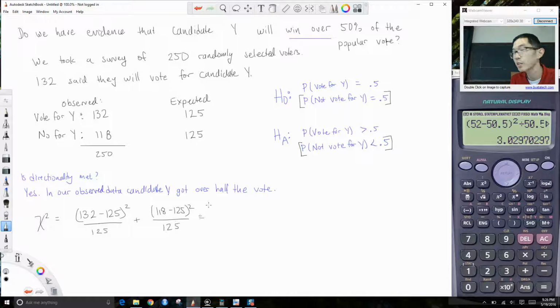An interesting thing is that when you have only 1 degree of freedom or only 2 categories, the numerators will always match because they have to add up, right? So you're going to have a positive difference of 7 on the top and a negative difference of 7 on the other side. So you're going to have 7 squared over 125 plus negative 7 squared over 125.